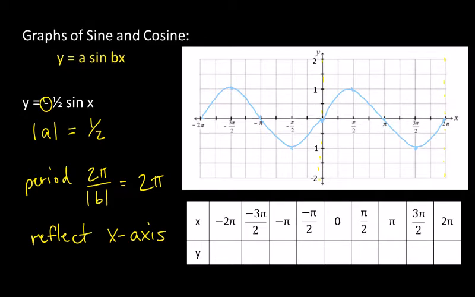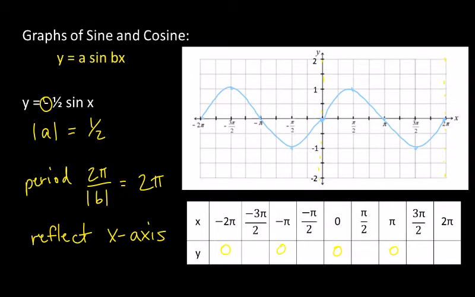So let's fill out some of this on the chart, knowing that some of these values are just automatically going to be 0. And then a normal sine curve would have gone +1 to -1 on the right side, -1 to +1 on the left side. But look at what I have here now.